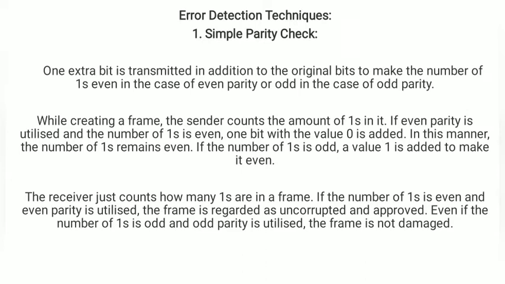The receiver just counts how many ones are in a frame. If the number of ones is even and even parity is utilized, the frame is regarded as uncorrupted and approved. And if the number of ones is odd and odd parity is utilized, the frame is not damaged.